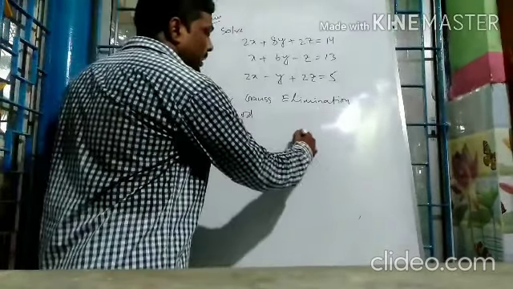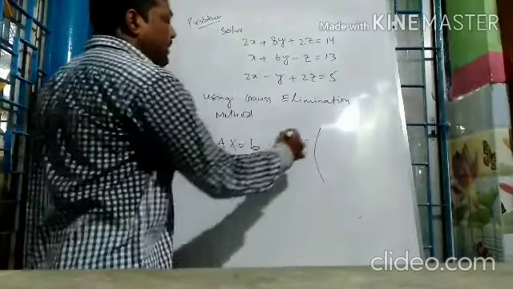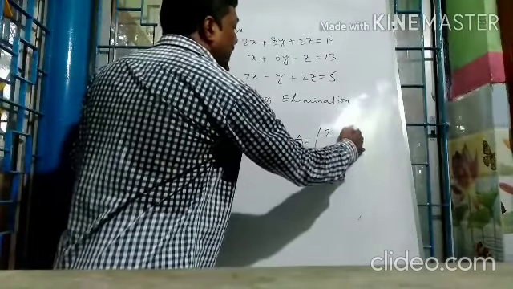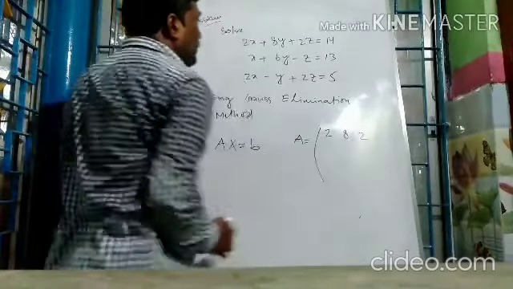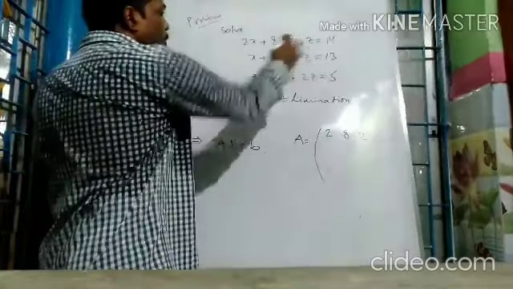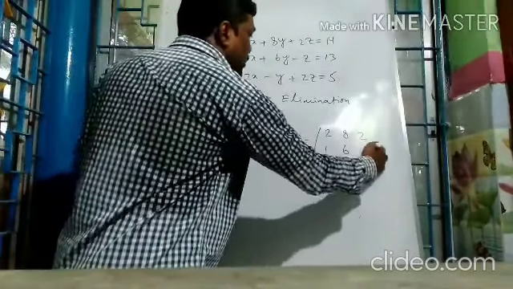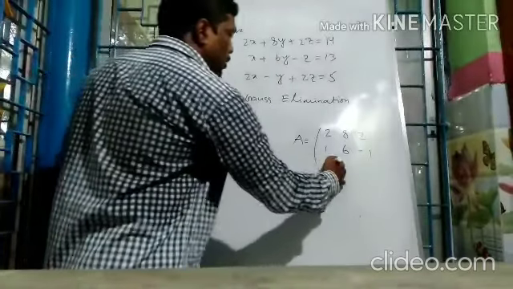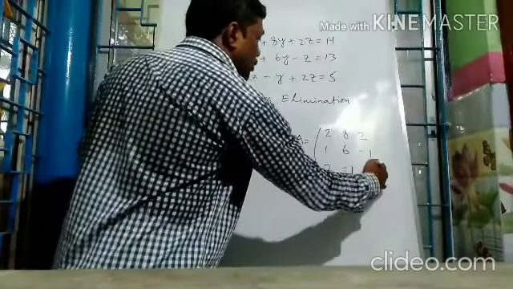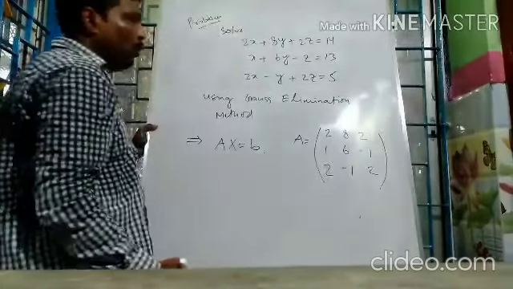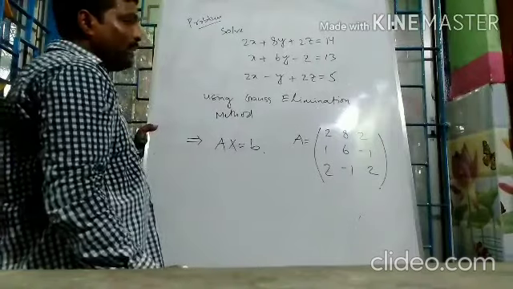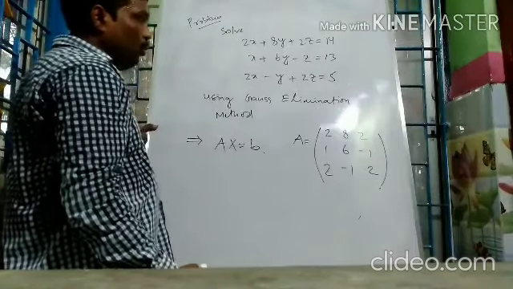The matrix A is the coefficient matrix [2, 8, 2; 1, 6, -1; 2, -1, 2].